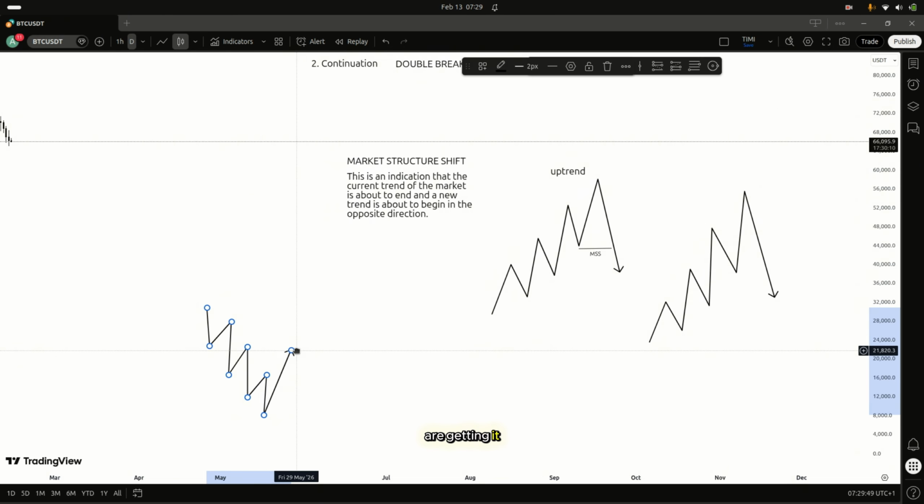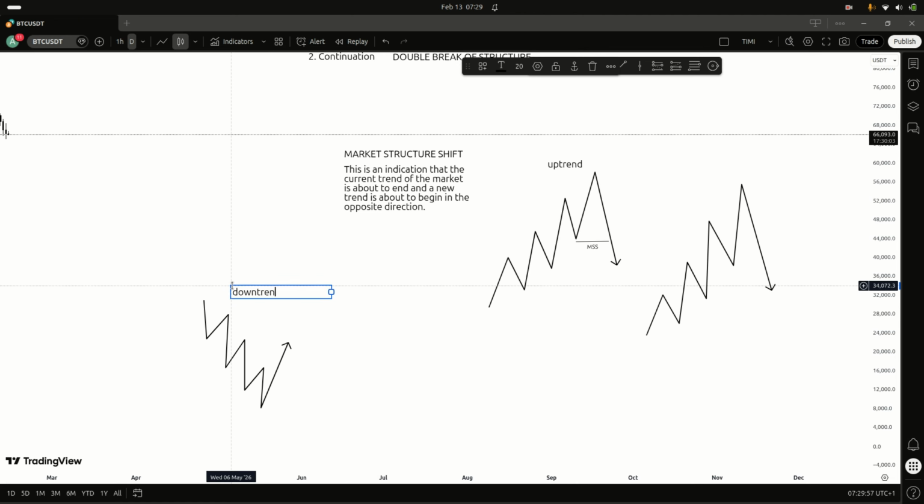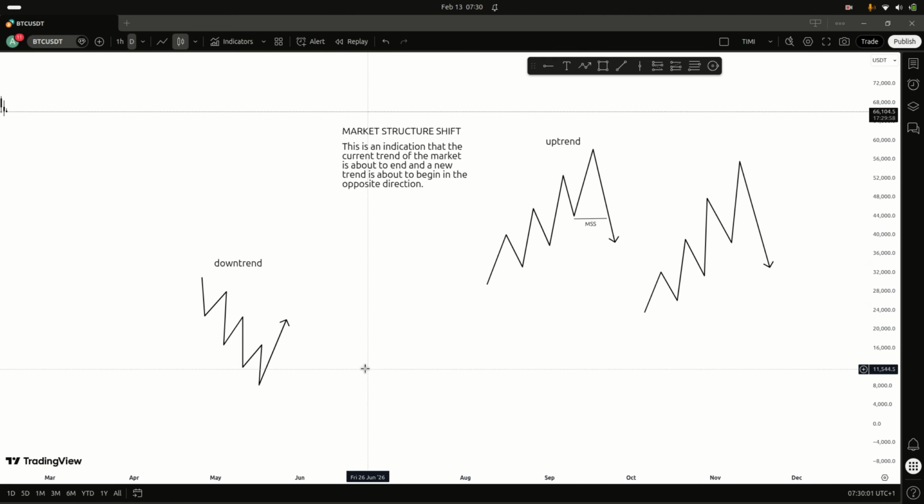I hope you are getting it. This is for a case of a downtrend. This right here, what just happened right here, is a market structure shift.